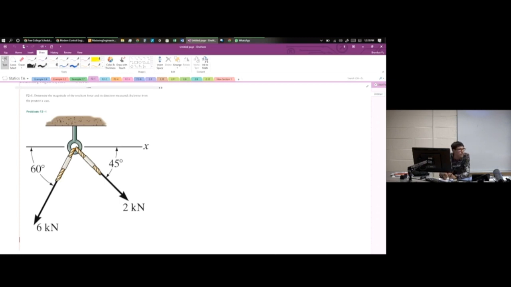So how do you think you guys would go about solving this? Like, what would you do? Yeah, you can break it down into your two forces, right? So once you have your picture... Right, so you would break it into F resultant x and F resultant y, and then where do you go from there?